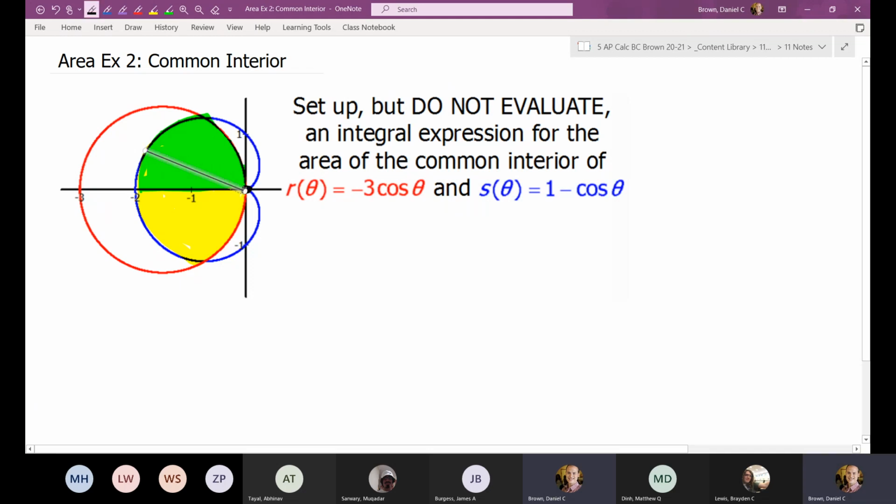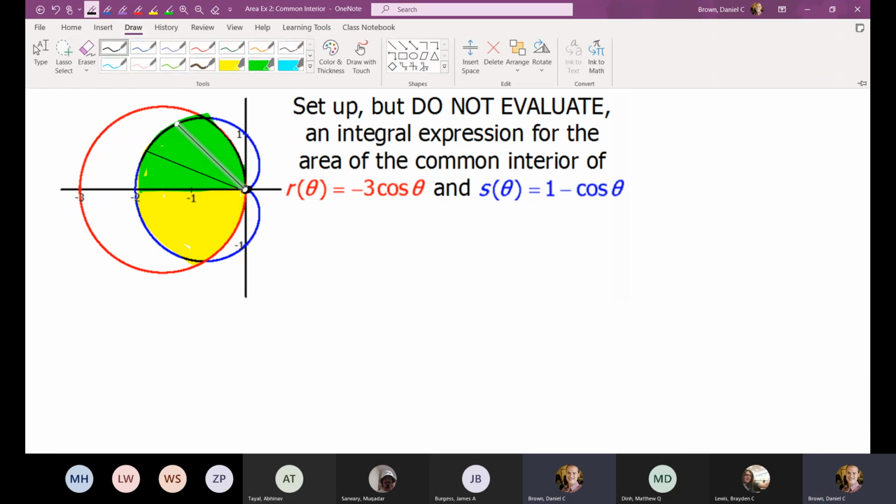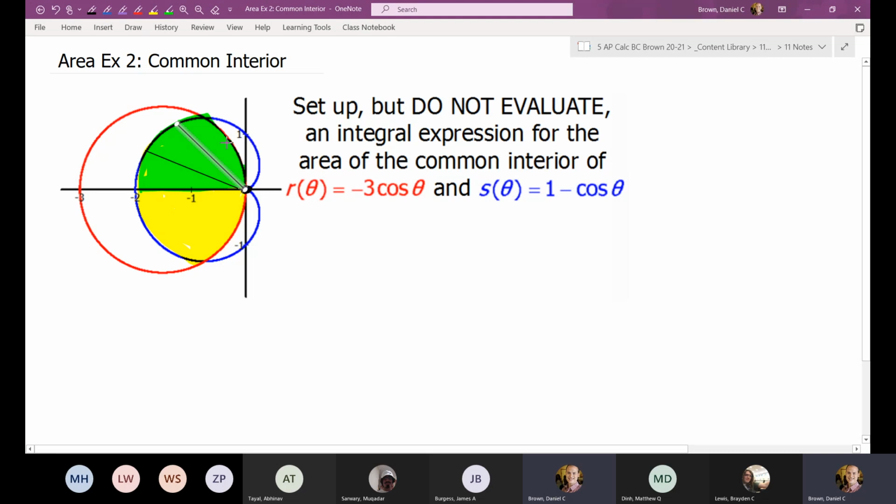There's another one I can form here. I'm going to keep selecting a straight line. There's another segment. But notice as you keep going around, now this graph is on the outside as you get closer and closer to the origin. So we are going to have 2 integrals.